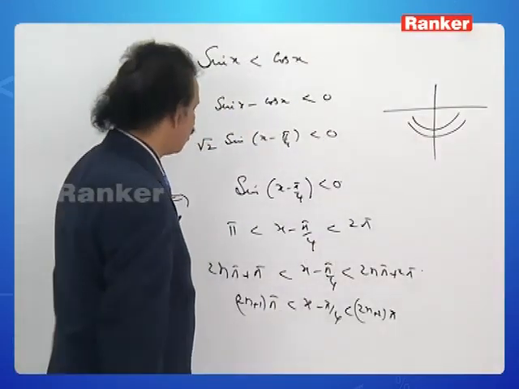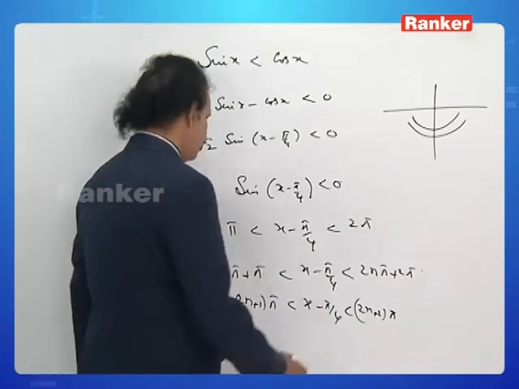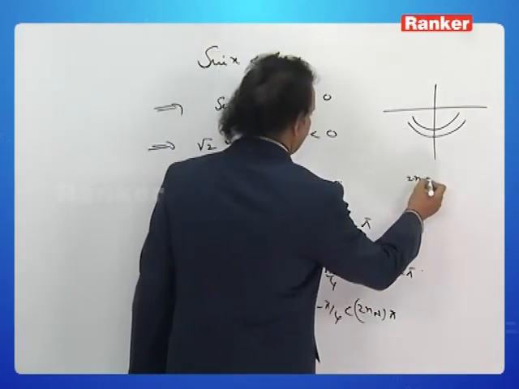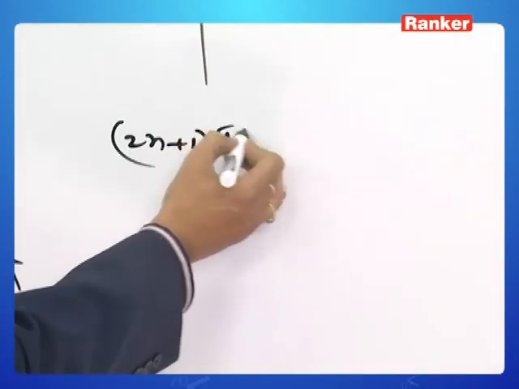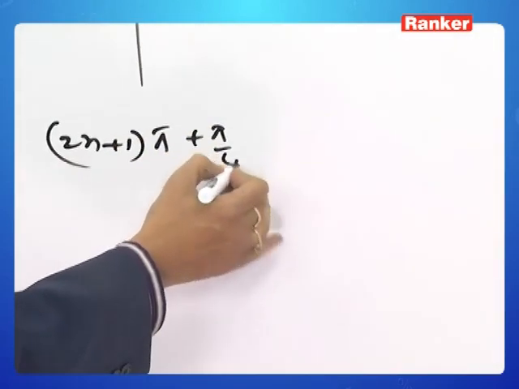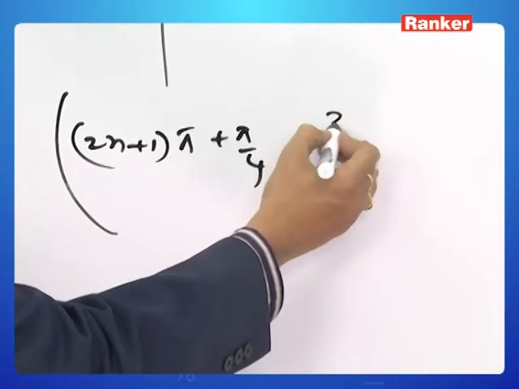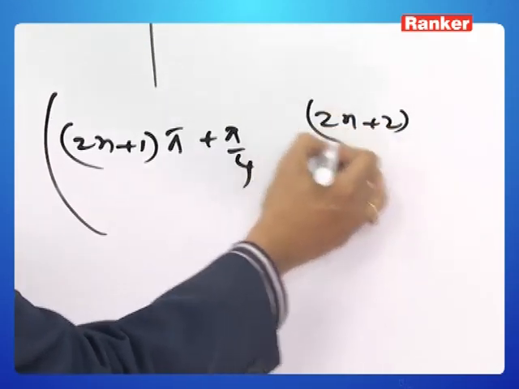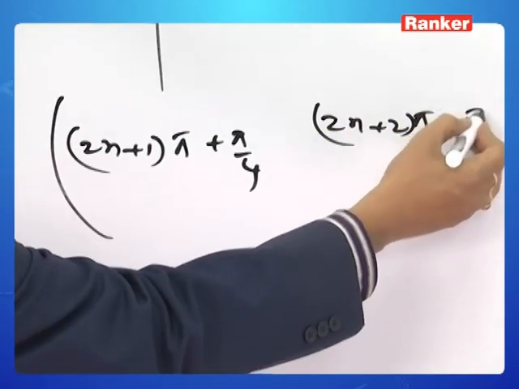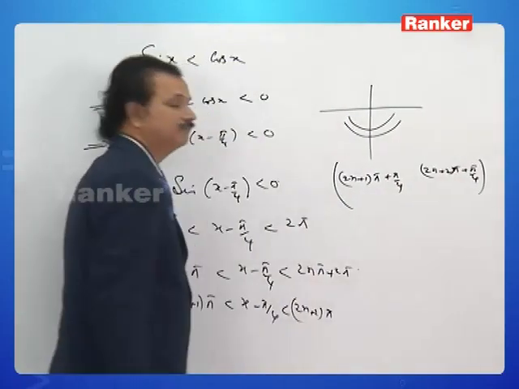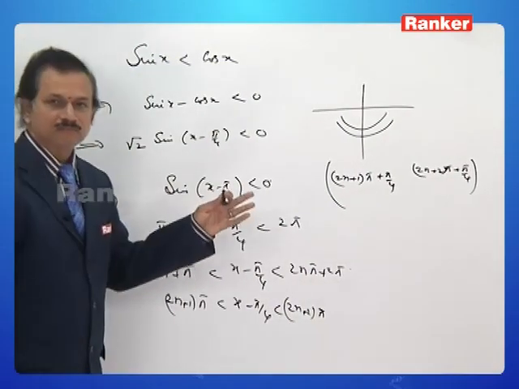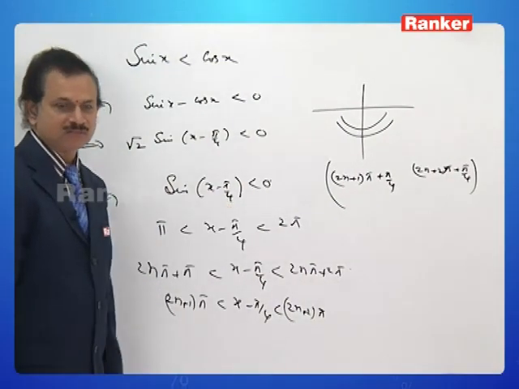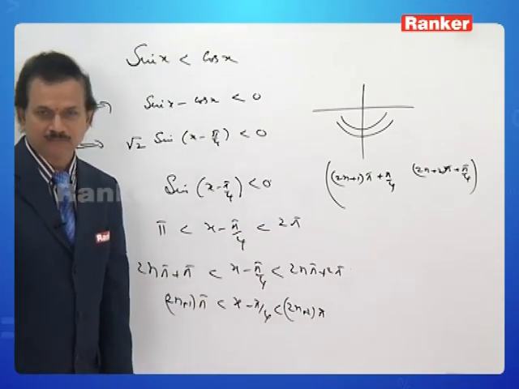You add pi by 4 on both the sides. What you will have is 2n plus 1 into pi plus pi by 4 to 2n plus 2 into pi plus pi by 4. You check all the given options, is it available or not?